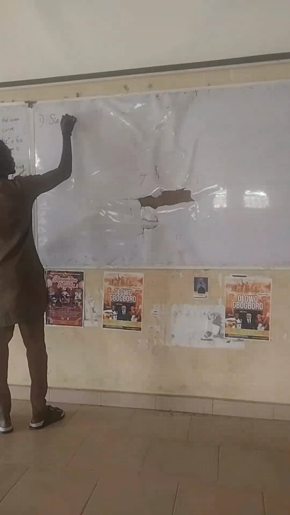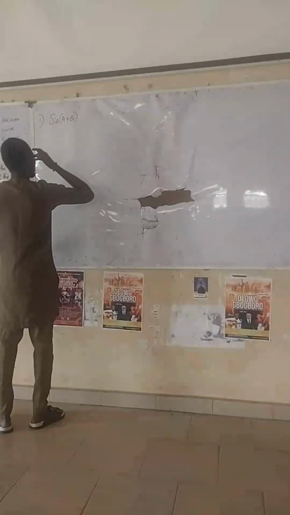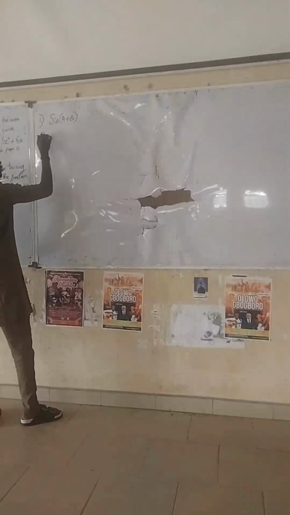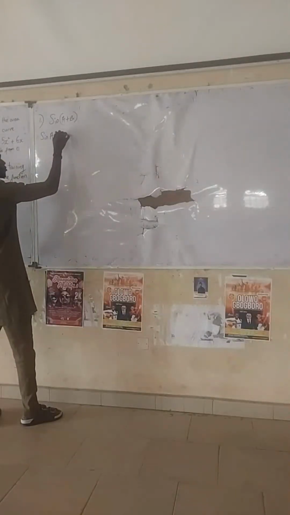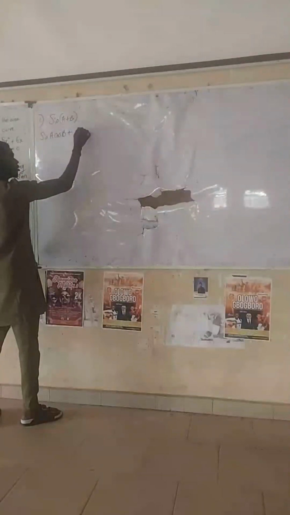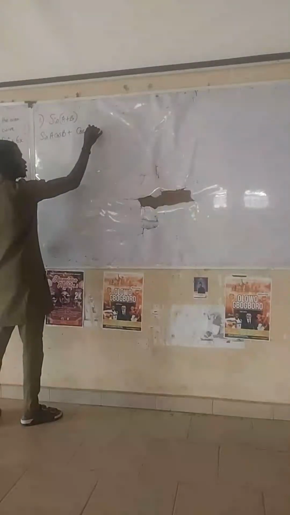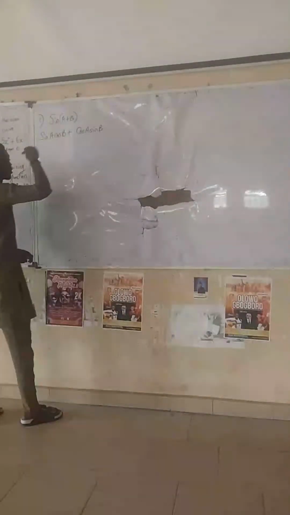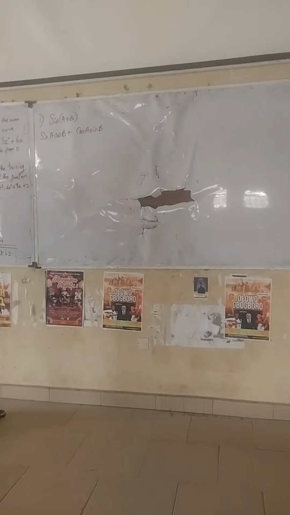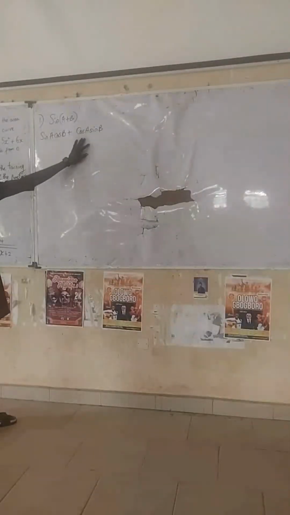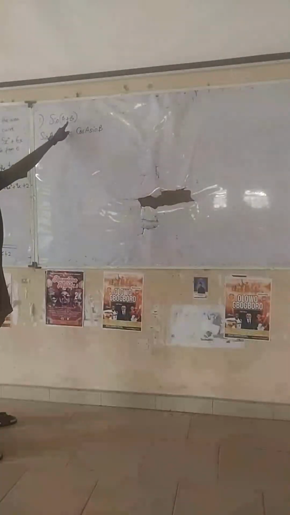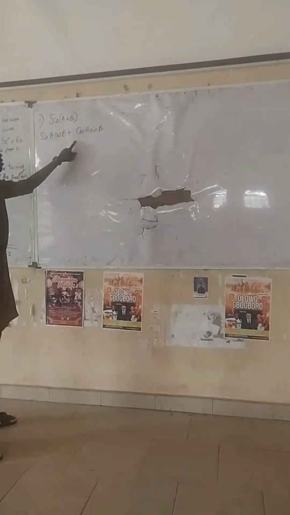All right, the first one is sine of A plus B, and that is sine A cos B plus cos A sine B. Am I right? Yes. So where you have sine of A plus B, it is sine A cos B plus cos A sine B. If it is minus here, this one will be minus in this one.